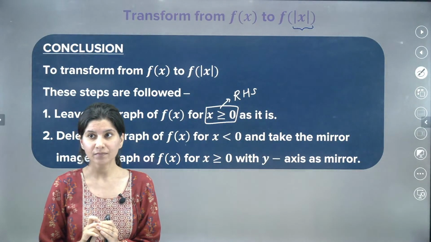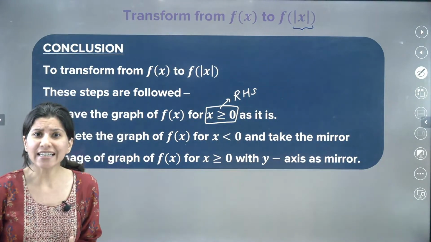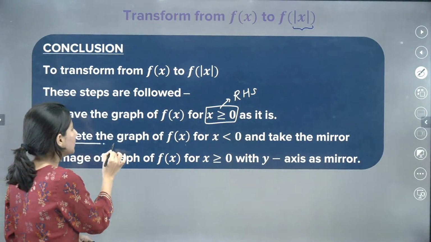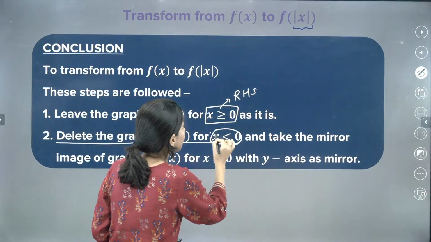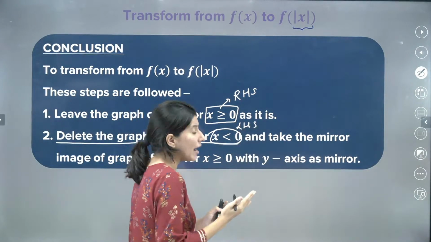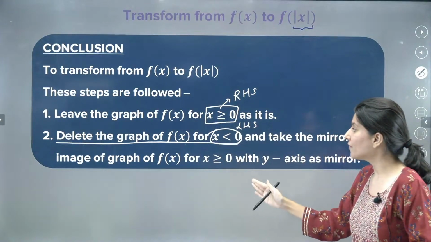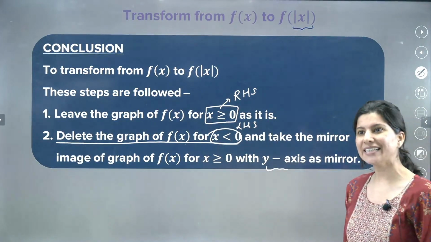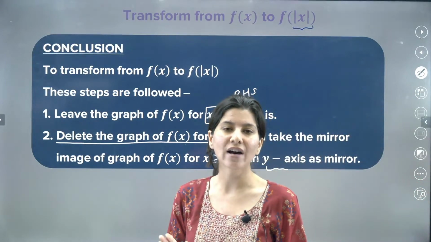But what about the left part? The left part you have to delete. Delete the LHS part, and take the mirror image of the graph of f x about the y-axis. Basically this graph is symmetric about the y-axis.